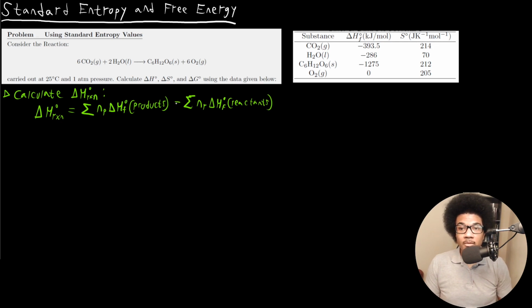We can use this formula directly. We have everything we need. Like I mentioned, our equation is already balanced for us, so we have everything that we need in order to plug in and solve.